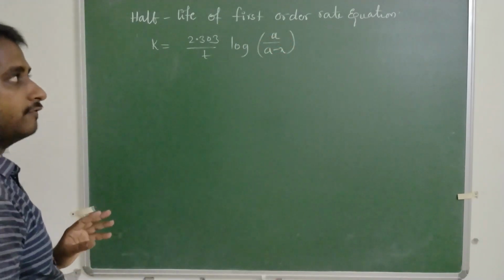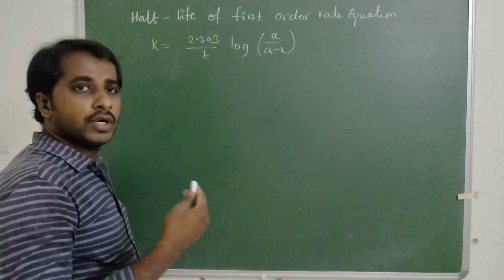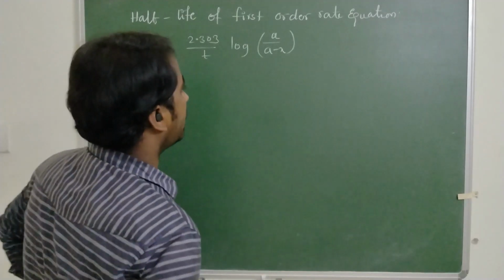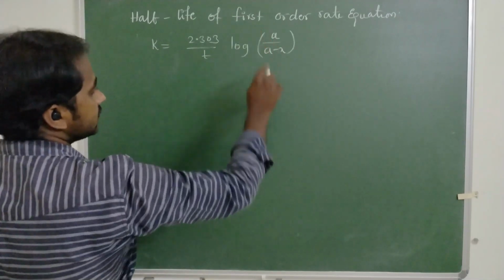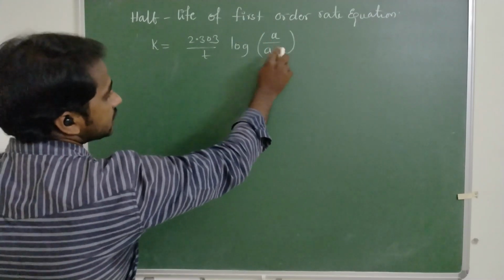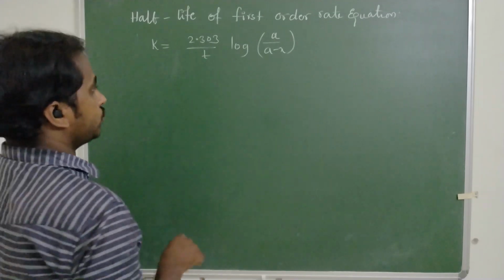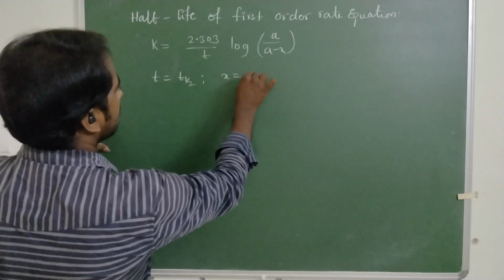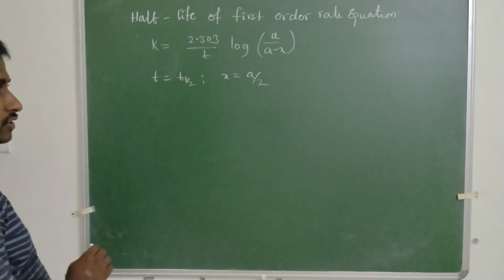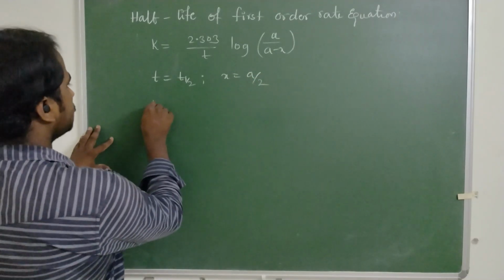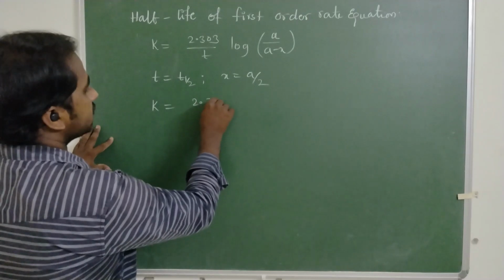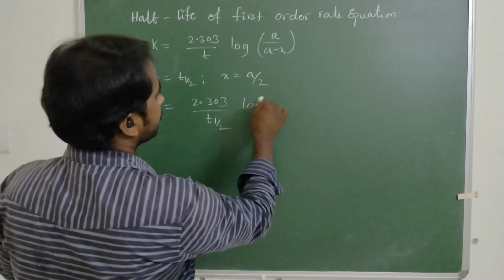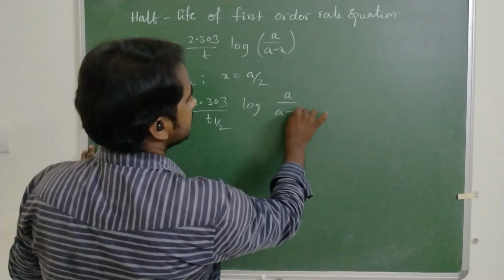Half-life means the time required to consume half of the initial concentration. The initial concentration is a, so x becomes a by 2 when t is equal to t half. Now substitute: k is equal to 2.303 by t half log a by (a minus a by 2).